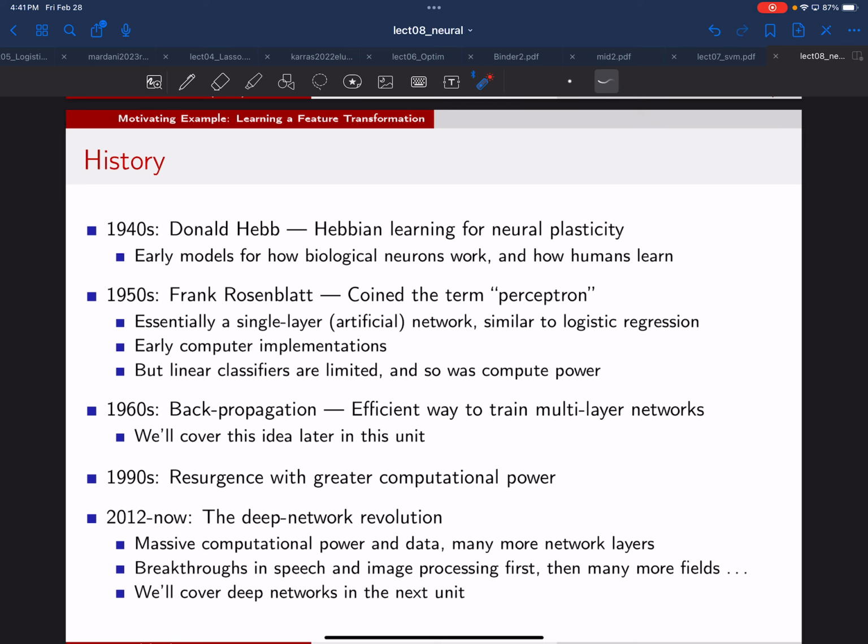And then around 2012, there were finally, again, with now much more computational power, much more data, and many more network layers, some breakthroughs. First in speech processing and image processing, and then soon many, many other fields. And that's sort of where we are today, this third wave of AI.